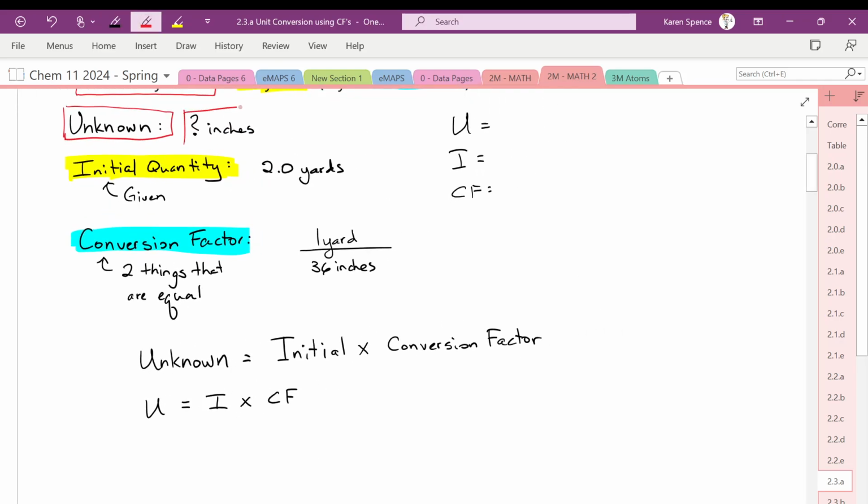So our unknown was the number of inches. So we don't know how many inches. That's our unknown. Our initial quantity is 2.0 yards.